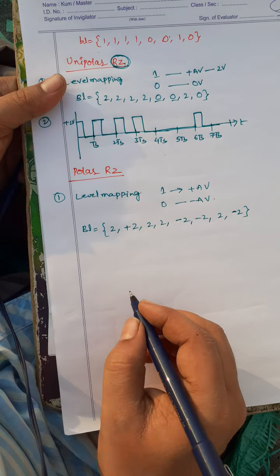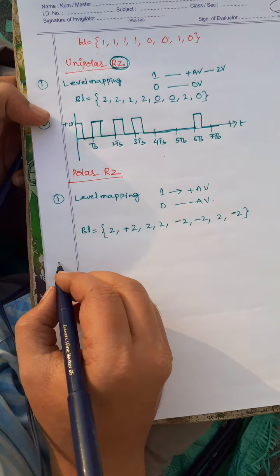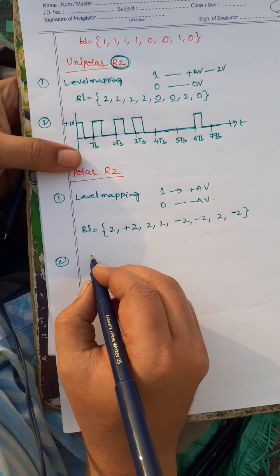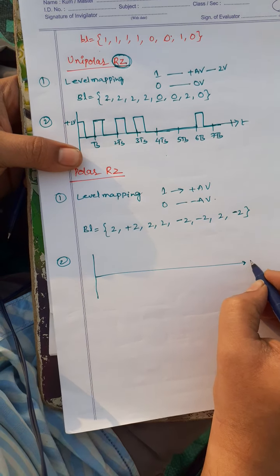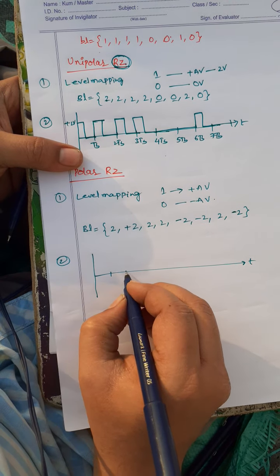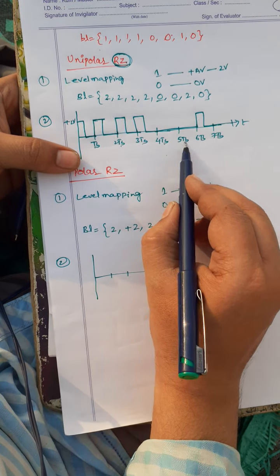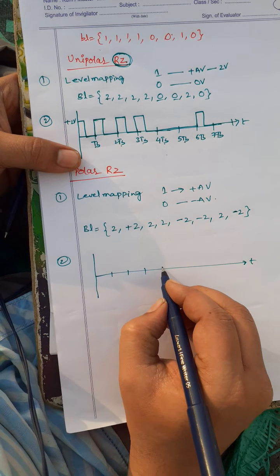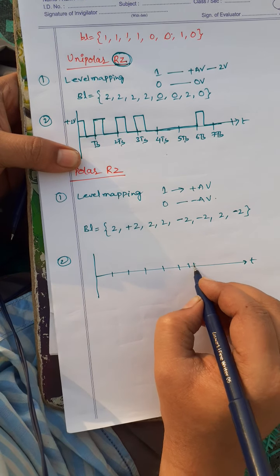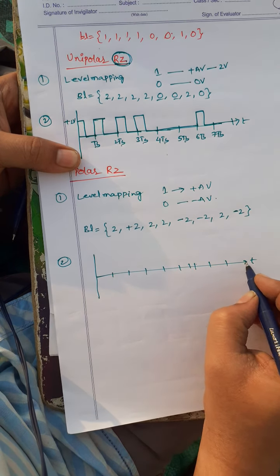Next, now the next step, to represent this in waveform T. See here, some books represent TB, 2 TB, 3 TB, 4 TB, 5 TB durations, or some books represent the normalized time period TB.